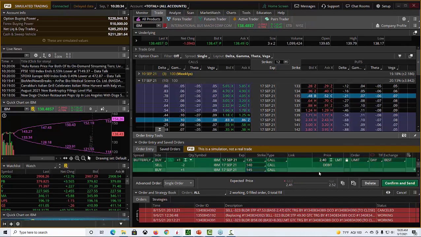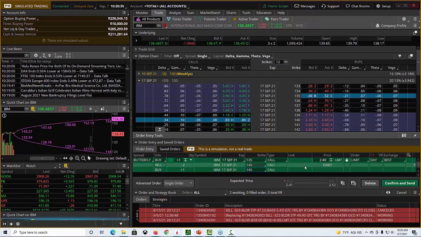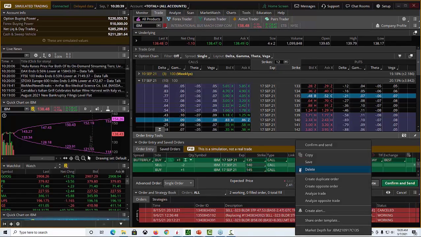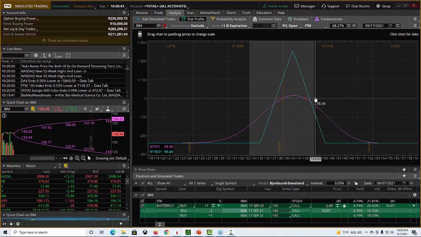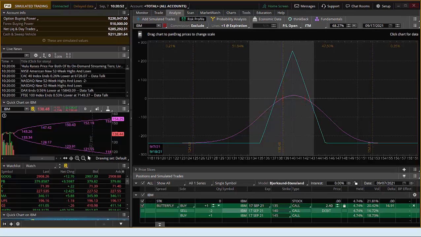Let's just take it down 1 penny so it's at a round number, because this will show you $240 risk, $260 reward. Certainly a lot better. But you can kind of see the assessment here. The shaded area is where it's probable to be.